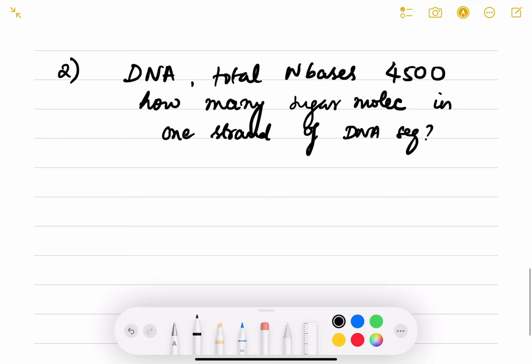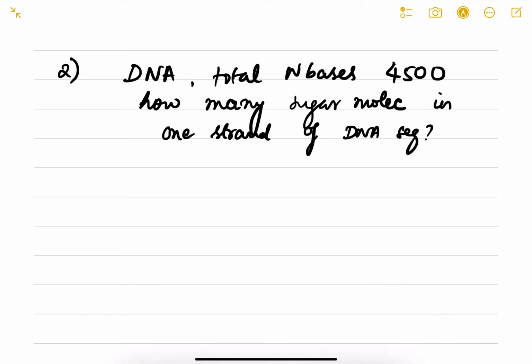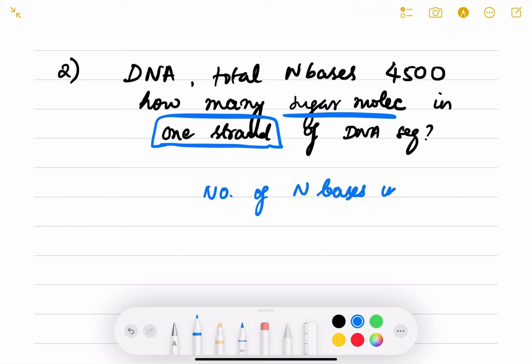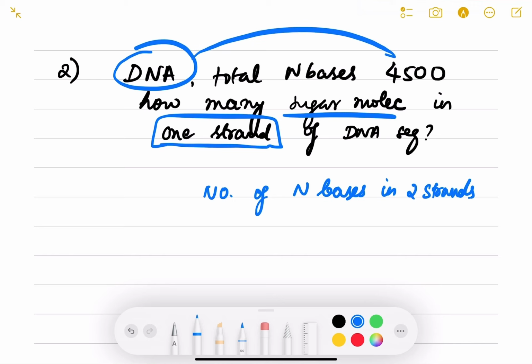One thing to notice: in one strand of the DNA segment, they're asking how many sugar molecules there are. We know that in both the strands, that is the entire DNA, you have 4500 nitrogen bases.